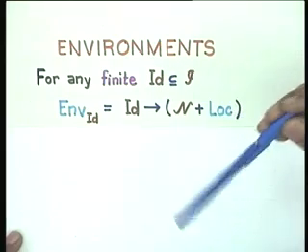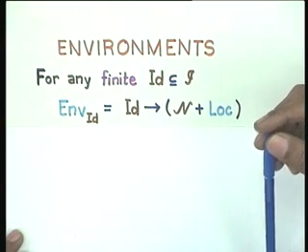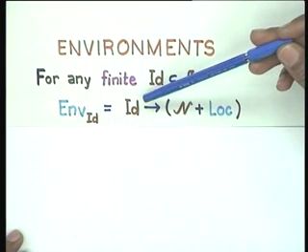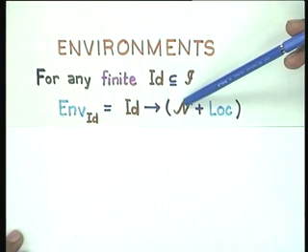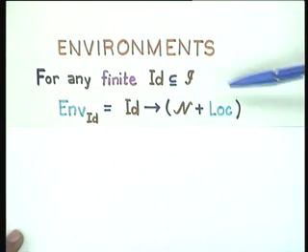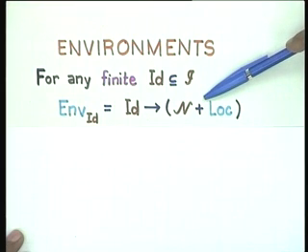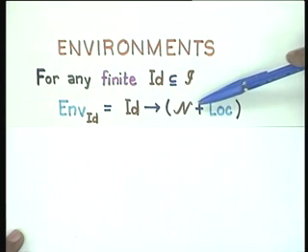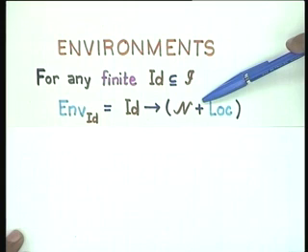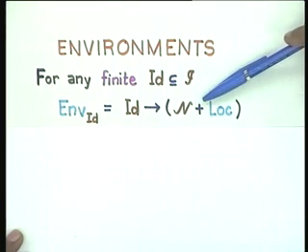So, given a finite collection of identifiers, an environment is just a binding from identifiers to values or locations, and of course this plus here is a disjoint union. Which means that for any identifier in an environment, it is possible to determine whether it is a location or a value.